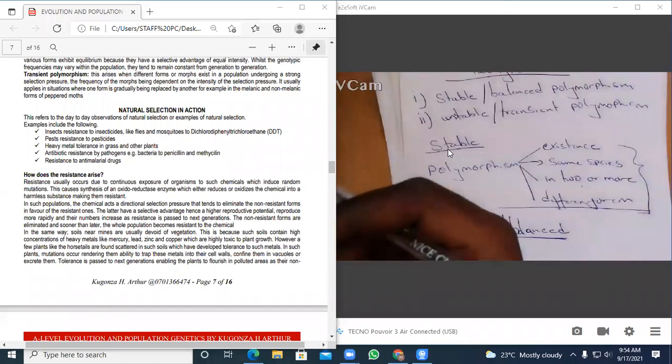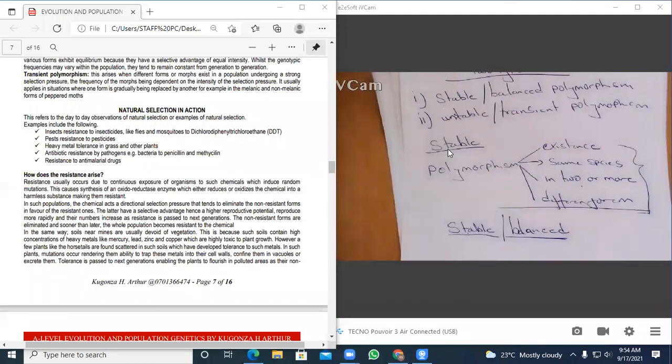We can have snails. Do you know garden snails? When you look at those snails, they are not the same. We have those which are brown, those which are yellow, those which are pink, but all of them are snails of the same species. That is another example, snails.